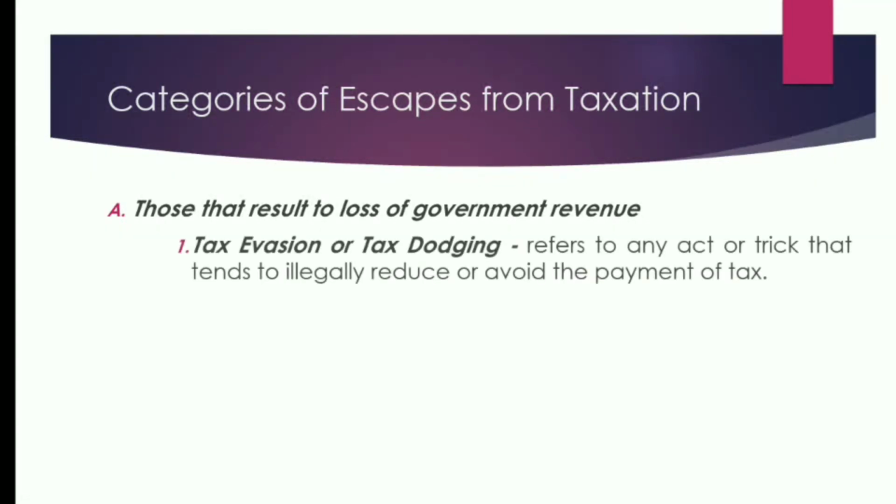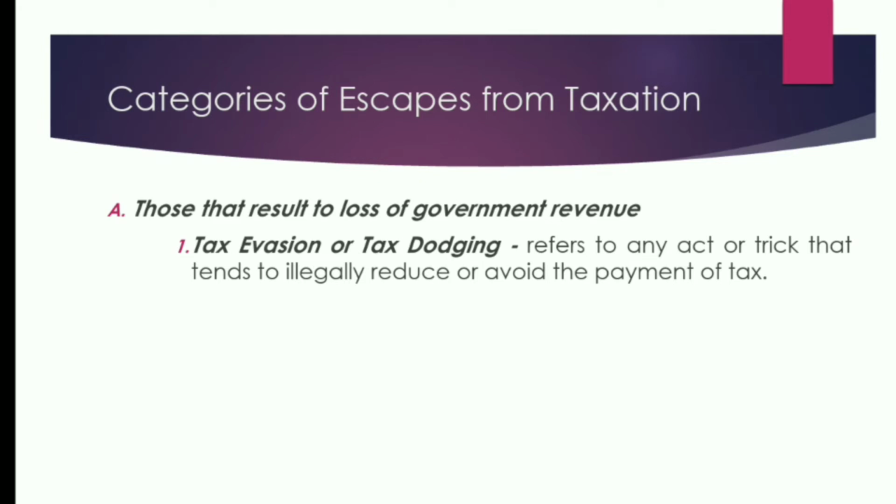Tax evasion or tax dodging refers to any act or trick that tends to illegally reduce or avoid the payment of tax. This one is punishable by imprisonment. Here are some examples of tax evasion. We have gross understatement of income. For example, your actual income is 500,000, but what you declare in your ITR is only 400,000.